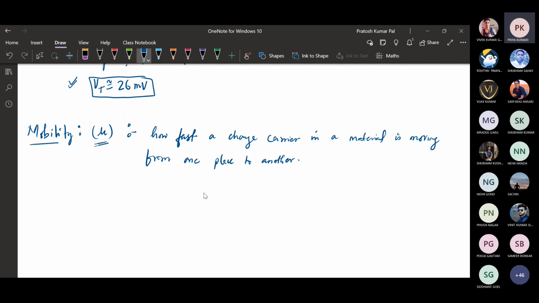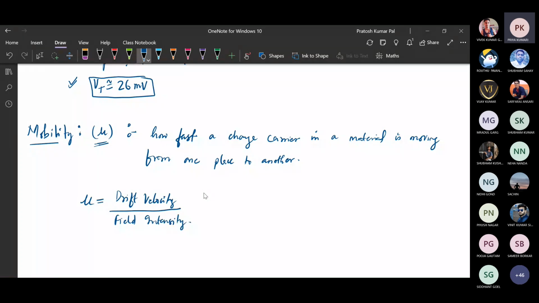So this mobility has a relation with the drift velocity and the electric field. This mu is represented by the ratio of drift velocity divided by the field intensity.